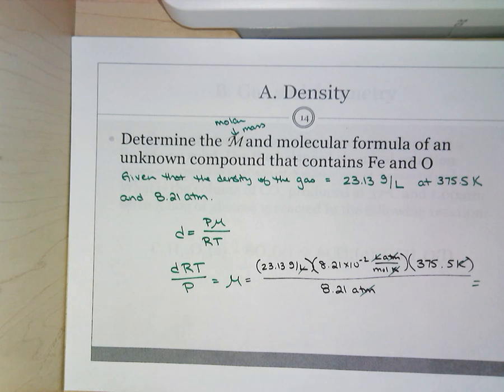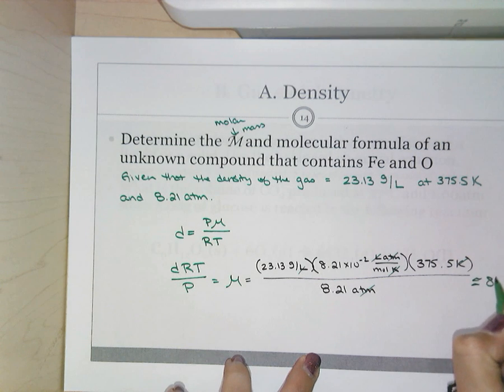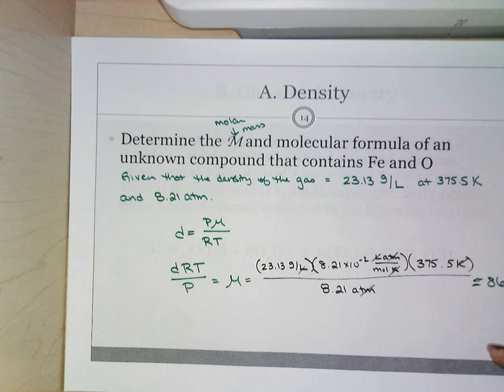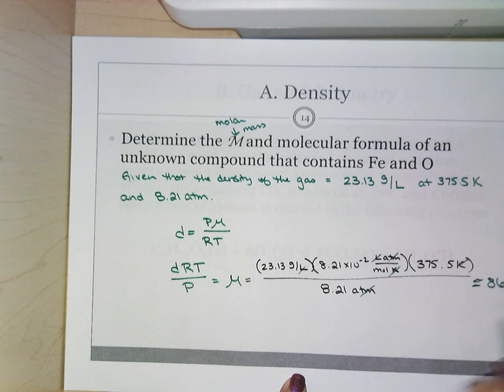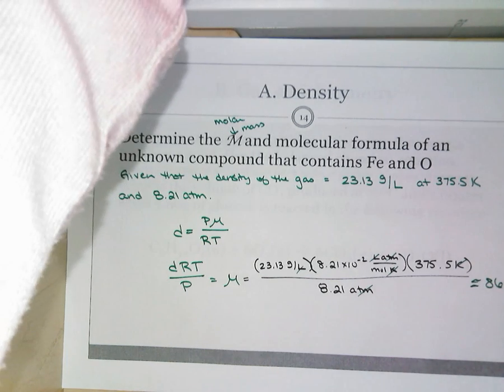What are we getting about? 86. That's what I got, like 86.8, somewhere in there. Grams per mole. All right, so that is part one. That's the molar mass.